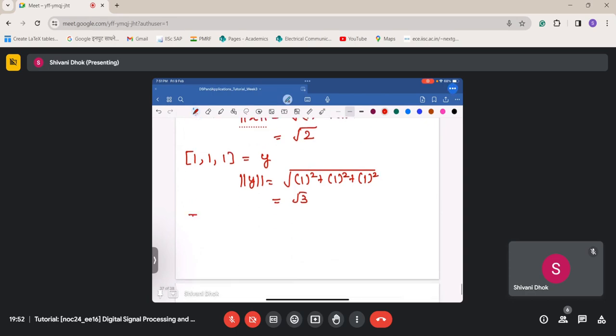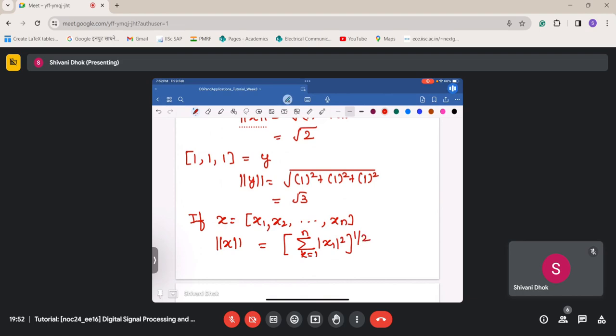So in general, if x is equal to x1, x2, and so on till xn, an n-dimensional vector, then norm of x will be the square root of summation k equal to 1 to n of magnitude of xk square.